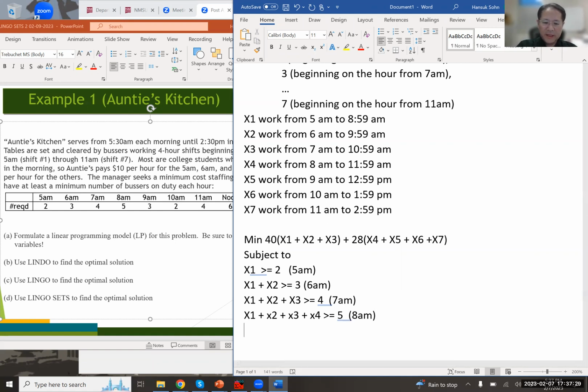And for 9 a.m., who's working? Because X1 people work until 8:59, X1 shouldn't be included. It's going to be X2, X3, X4, and X5, so that's at least 3 people at 9 a.m. Likewise, at 10 a.m., who's working?